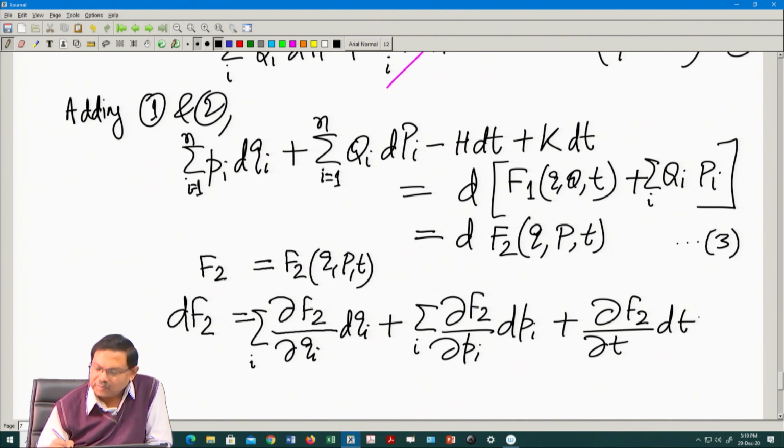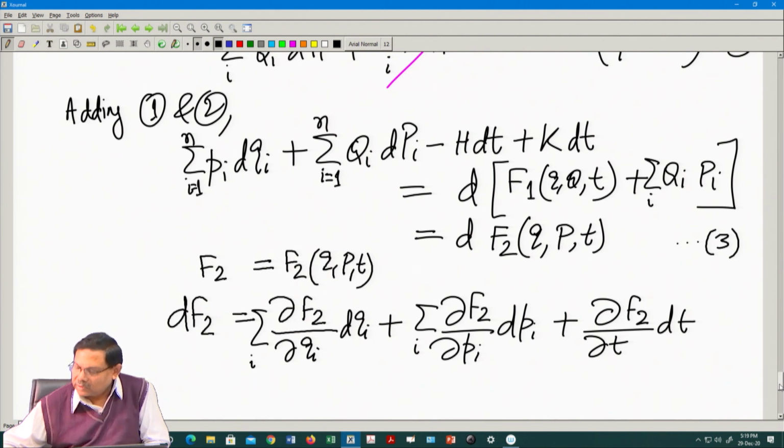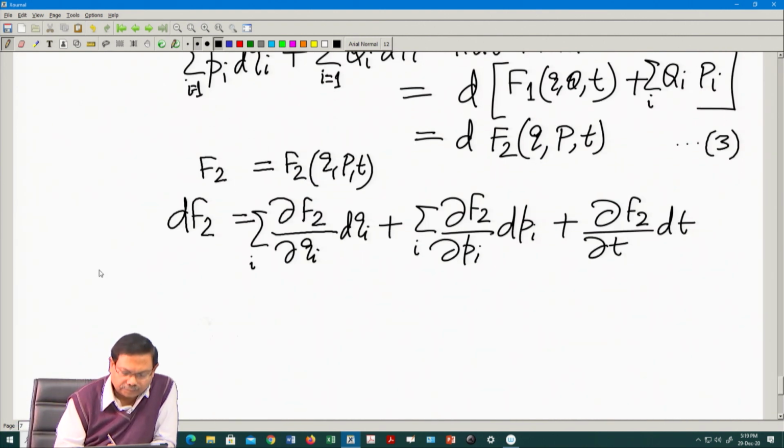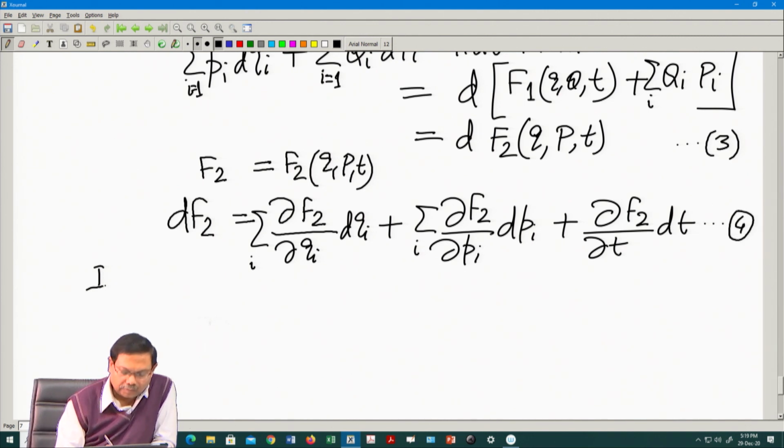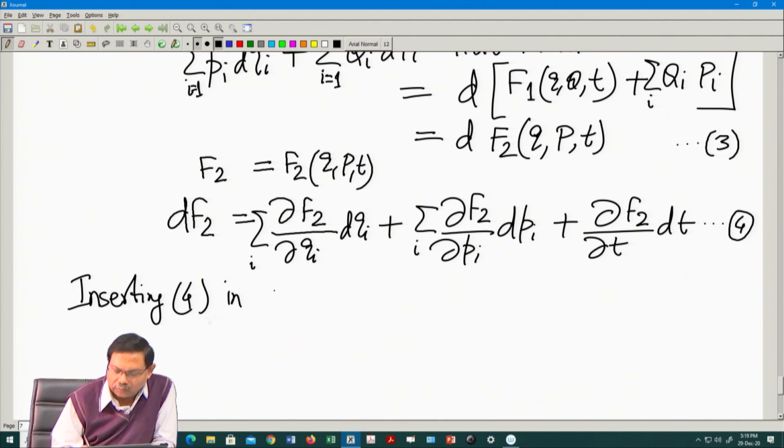So, let this be equation 4, and inserting equation 4 in equation 3.